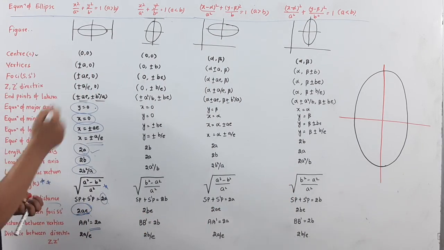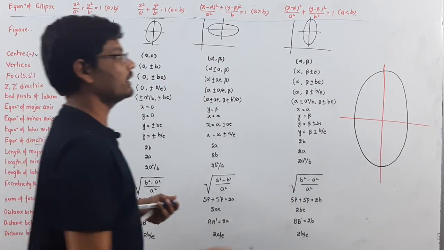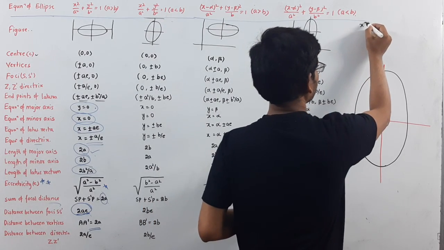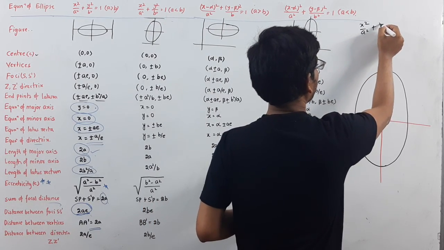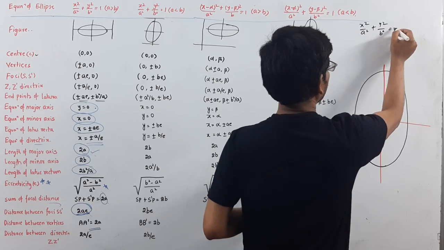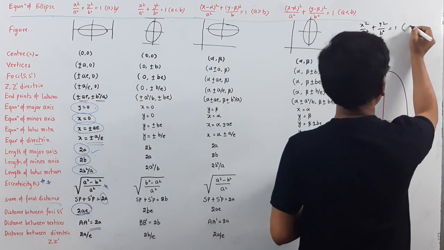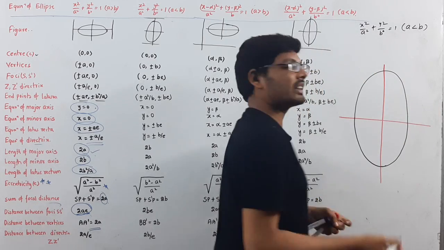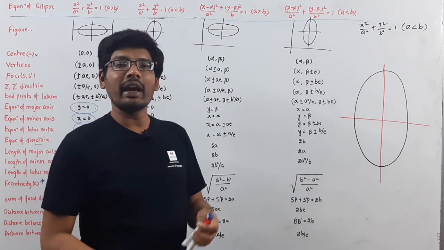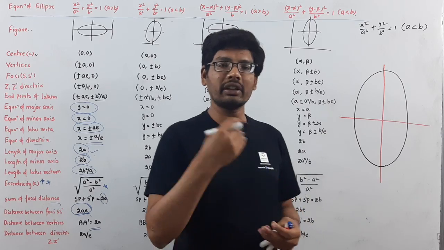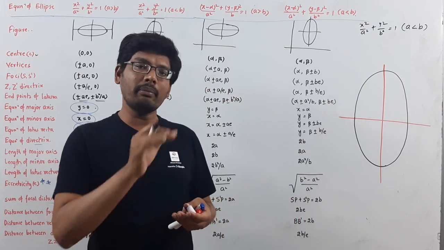For this ellipse, the standard form will be x square by a square plus y square by b square is equal to 1, where a is less than b. This is the second case, where a is less than b. If a is less than b, the y axis becomes the major axis, and the x axis becomes the minor axis.